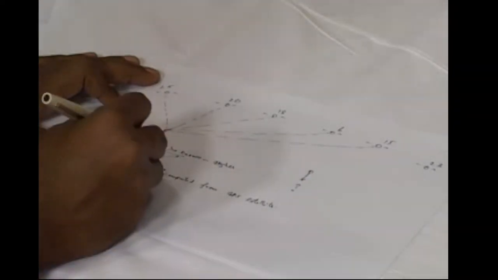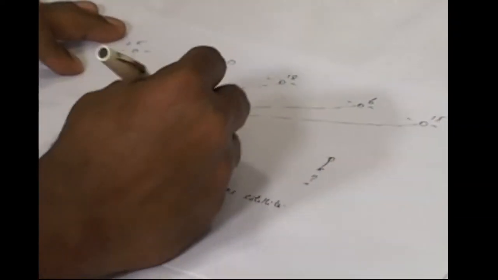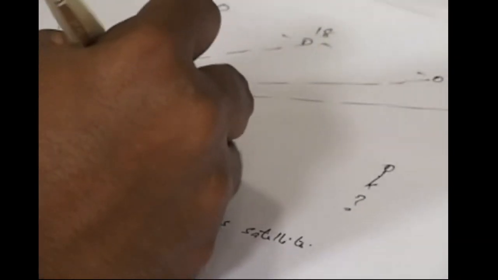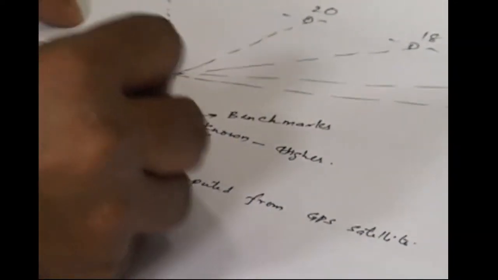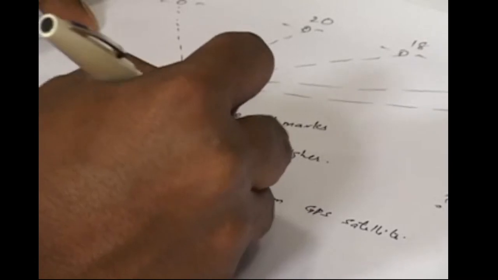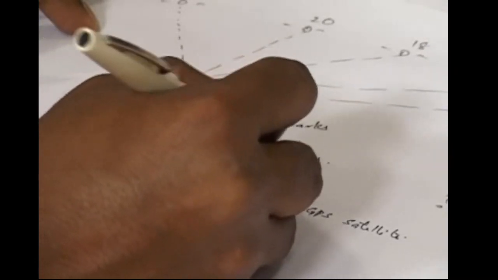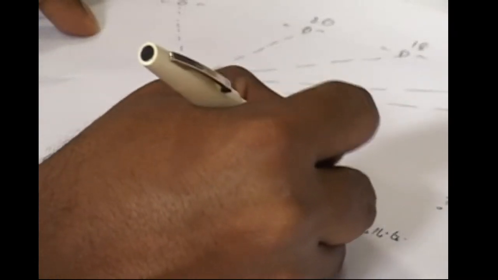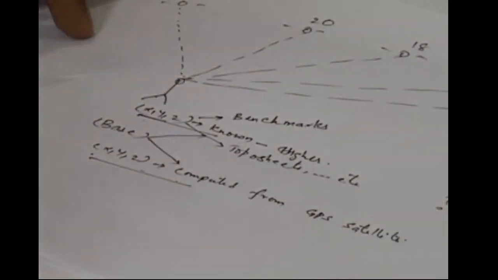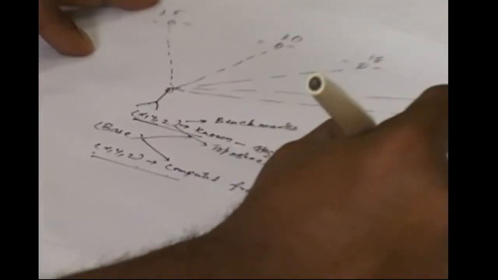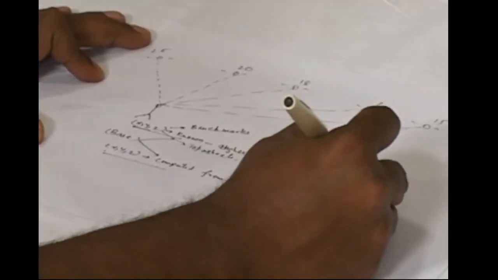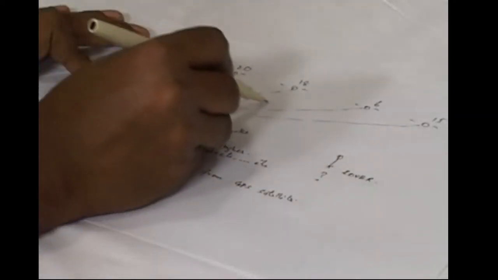These coordinates you can get from benchmarks, or from the topo sheets, etc. Okay, so similarly at the rover end, the rover also tracks the satellites.